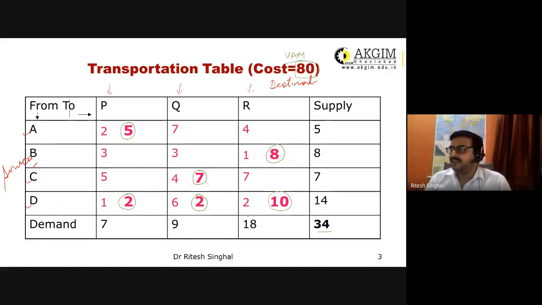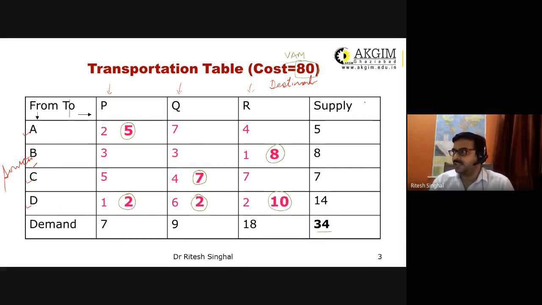That is, the total transportation cost is 80. Now first we have to check whether this solution is optimal or not, and if it is not optimal, then we have to make it optimal. So let's start.